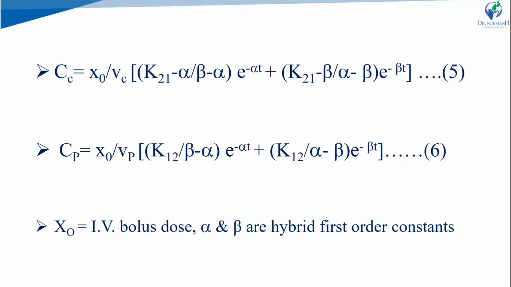X0 is our IV bolus initial dose. Alpha and beta are the hybrid first order constants for the rapid distribution phase and the slow elimination phase respectively. K12 and K21 are the other first order rate constants for distribution, and Ke for elimination.